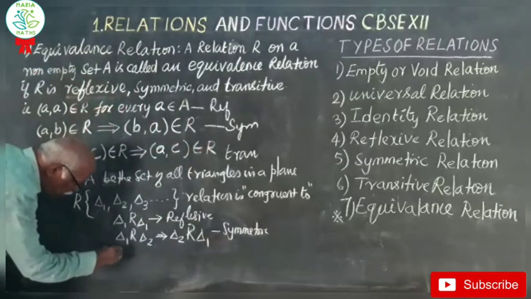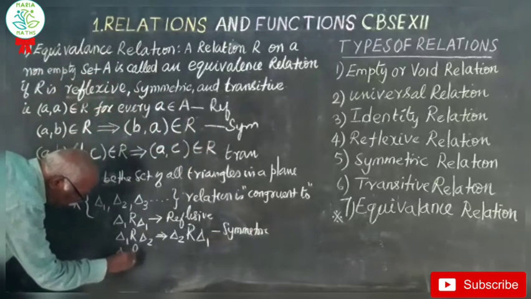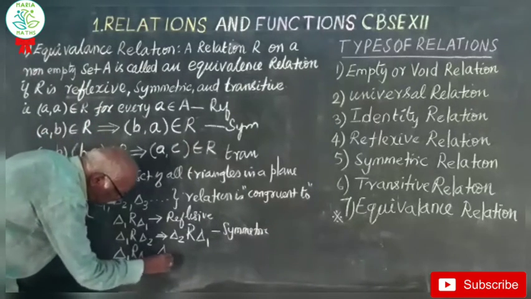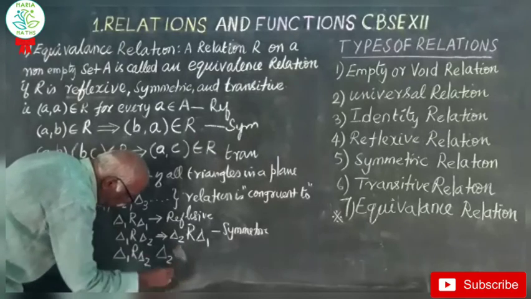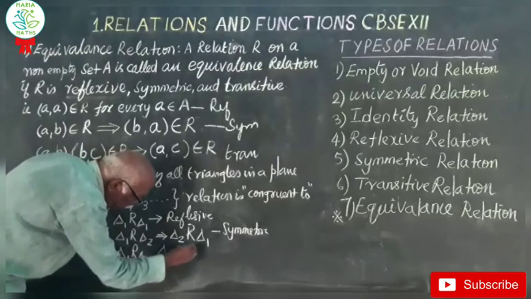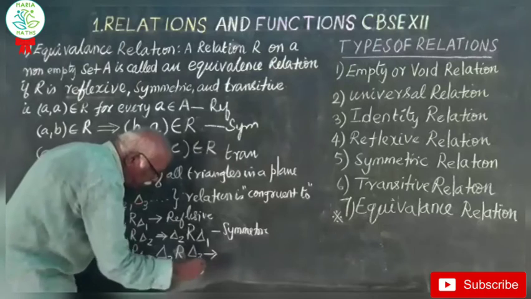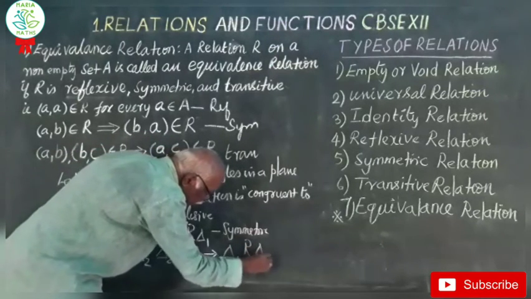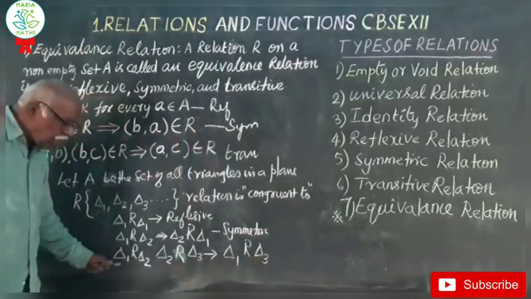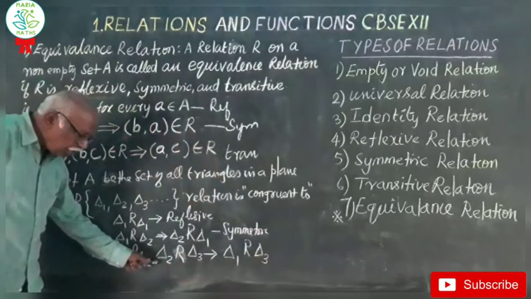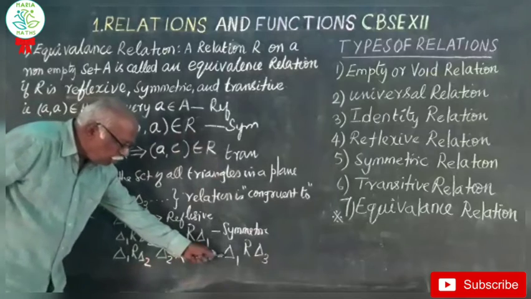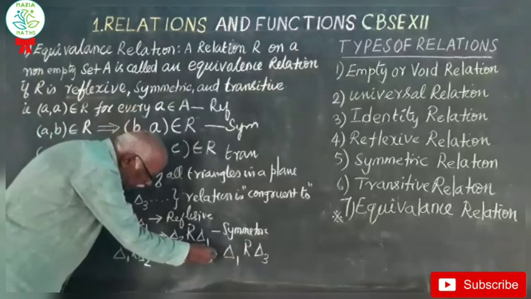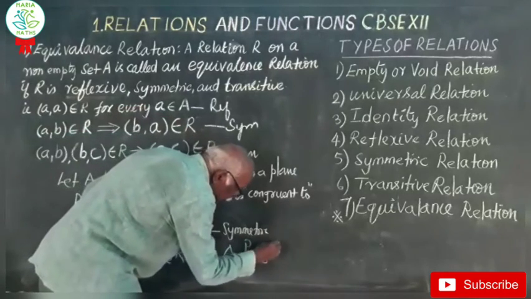Third one, triangle 1 is congruent to triangle 2, triangle 2 is congruent to triangle 3, implies triangle 1 is congruent to triangle 3. Therefore, this relation is transitive.